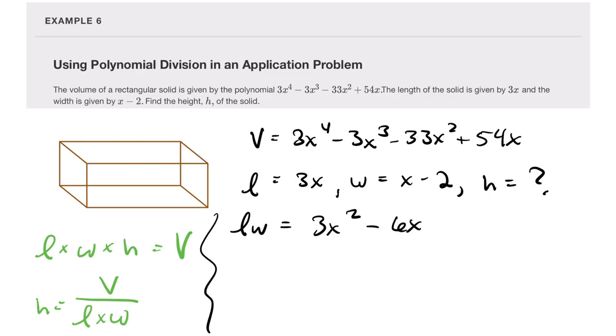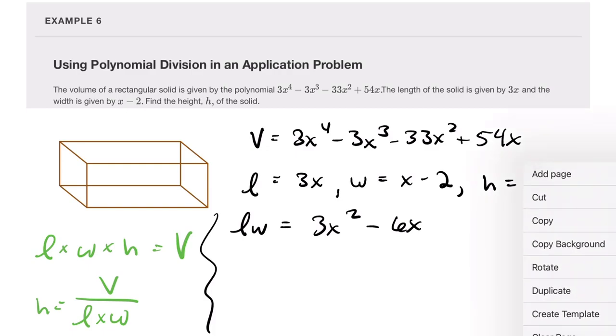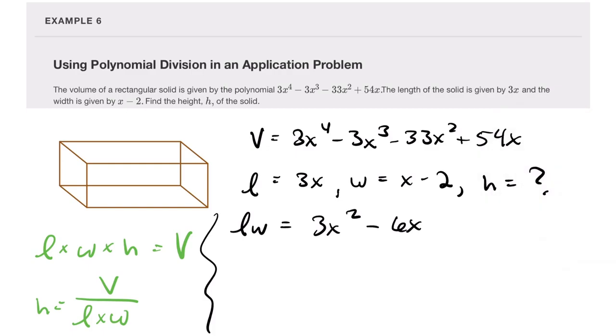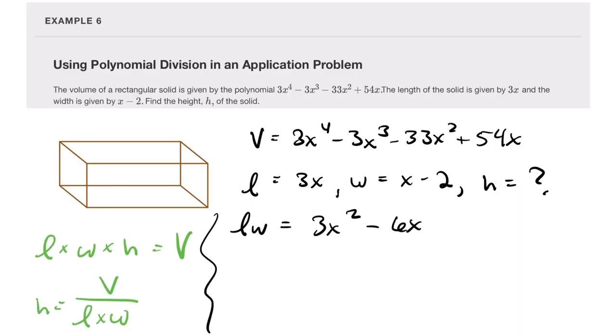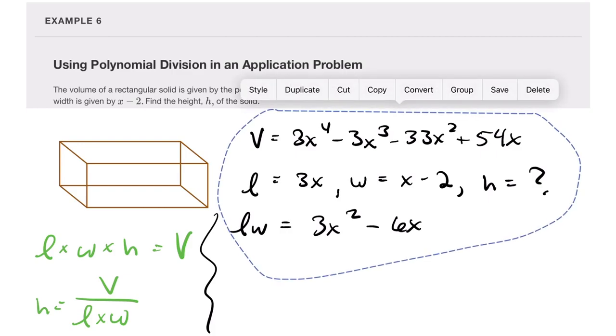It's not a linear binomial, so it doesn't look like we can do synthetic division. I might need some space. Let me just give myself some space instead of trying to cram it in here. Copy and paste. Just take a copy of all of that.